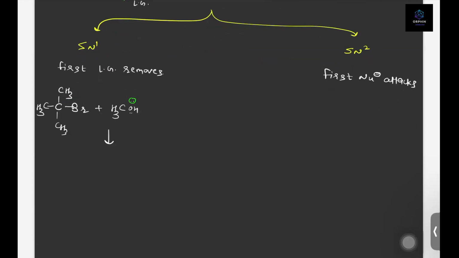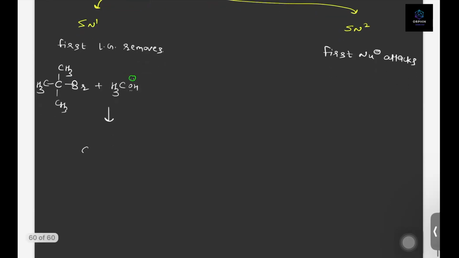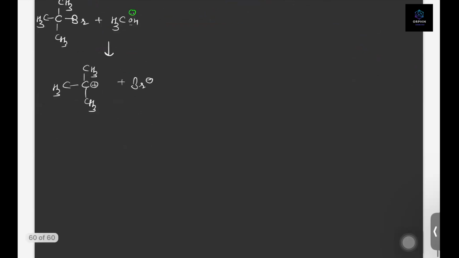Before attacking, actually the leaving group will remove. This is the case of SN1. When the leaving group removes, you have a positive charge here and Br minus. Now this CH3OH will attack.